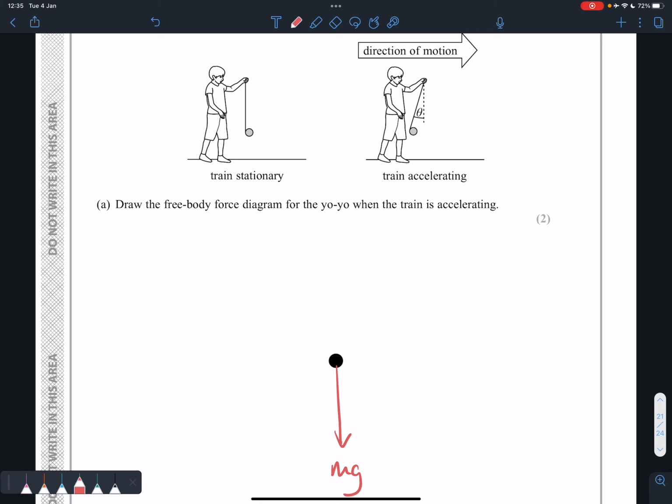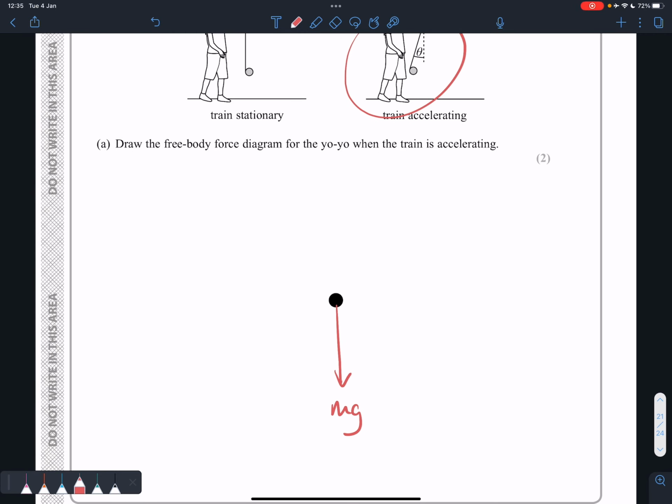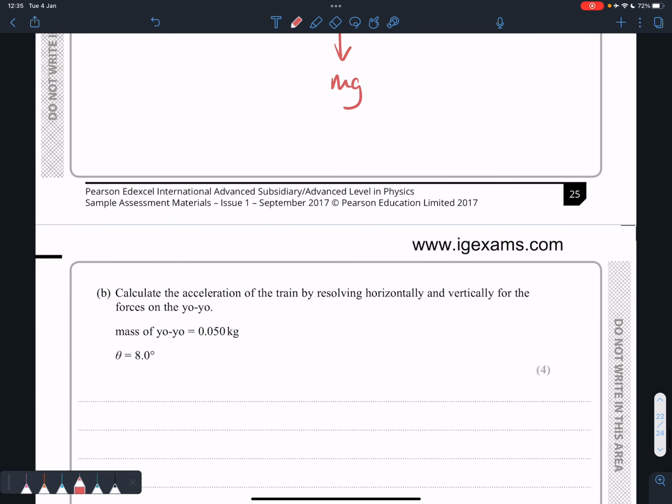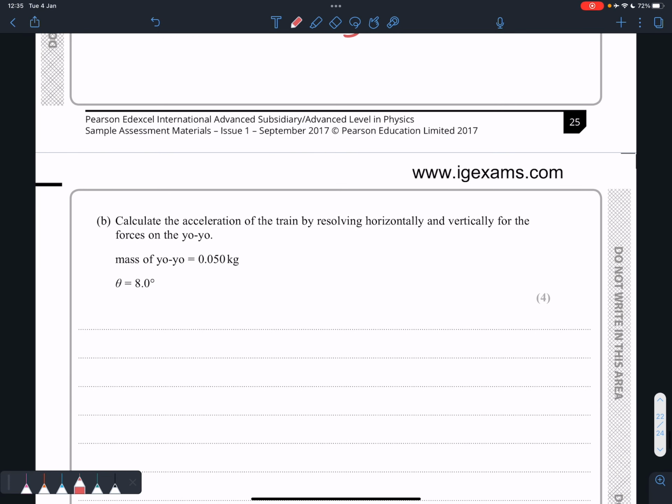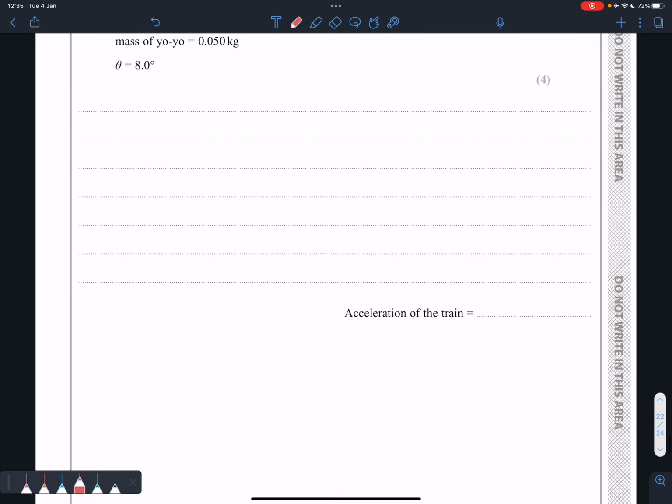If it's at an angle, something's causing it to go at an angle, so you've got to work out what's going on, and the train is accelerating. Okay. Calculate the acceleration of the train by resolving horizontally and vertically for the forces on the yo-yo. It tells you the mass and tells you the angle, so it works out the acceleration of the train.